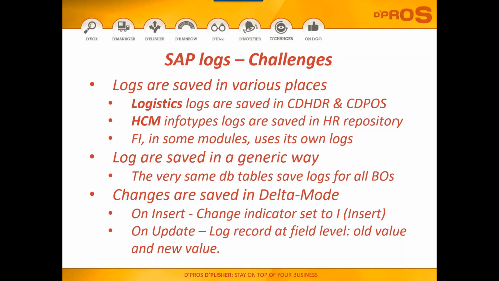No data will be saved at all. And from that point, the system will save the changes using an old value versus new value concept. It means that if you look at the logs, you'll never see the whole picture. You'll be able to see only part of that picture.